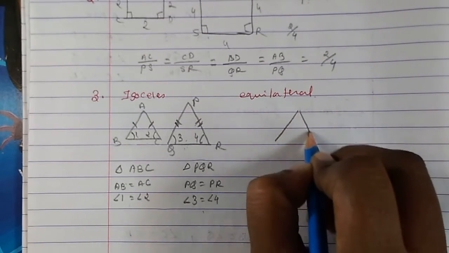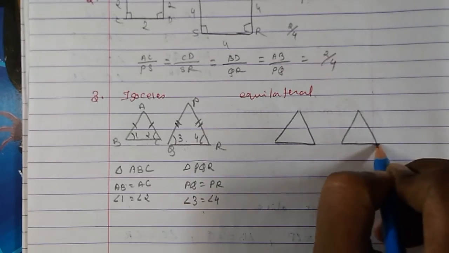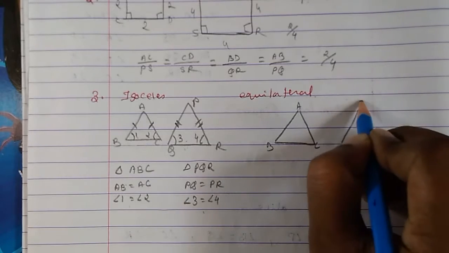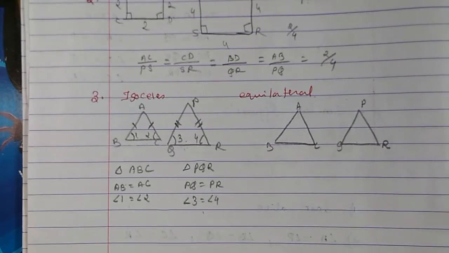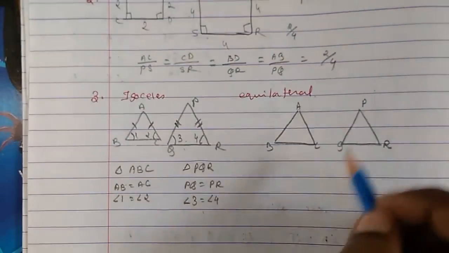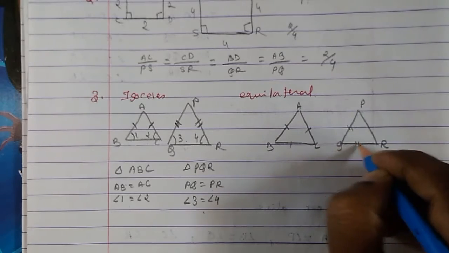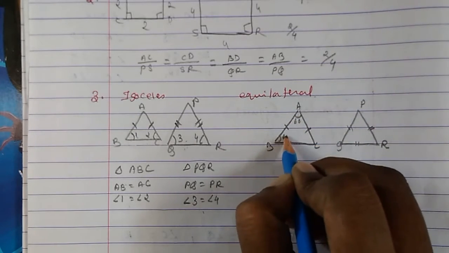Equilateral triangle means all sides will be equal. And then angles will be equal.